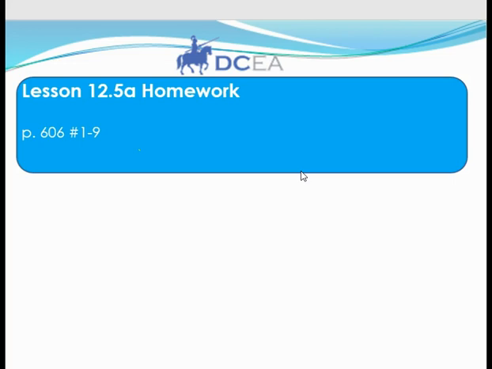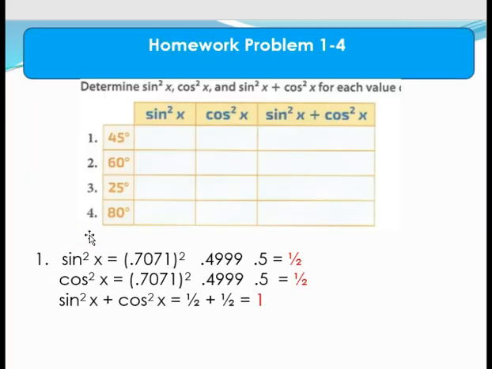So we have homework. It's all on page 606, numbers 1 through 9. And these are problems 1 through 4. I will do problem 1 here to just show you what they want. It says determine sine squared x, cosine squared x, and sine squared x plus cosine squared x for each value.